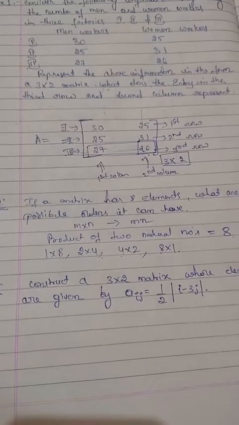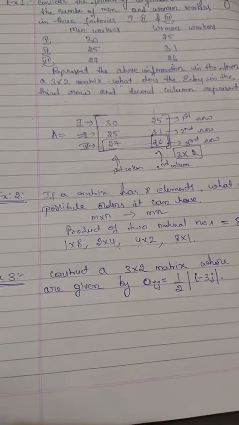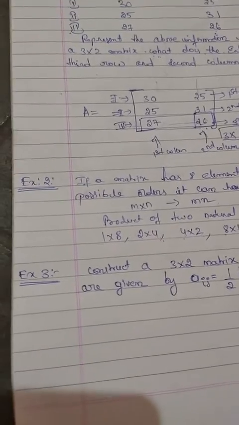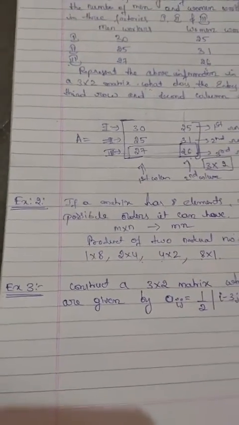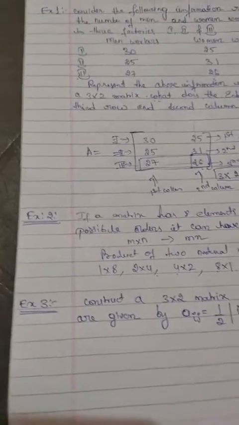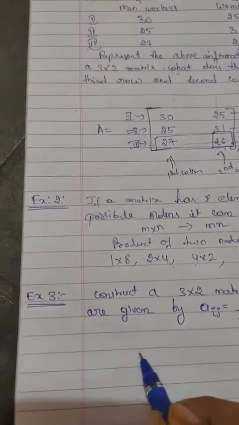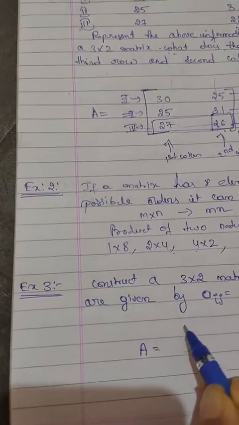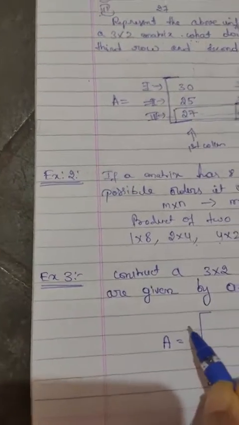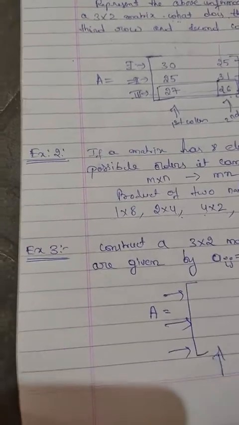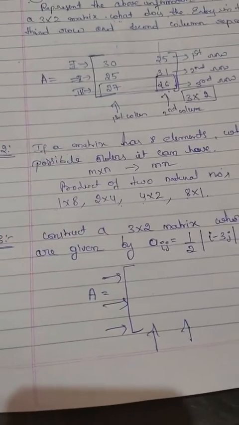Now construct a 3 cross 2 matrix, which means there are 3 rows and 2 columns. First you have to write the general form of the matrix. Yesterday you studied this, right? So if you name this matrix as A, there are 3 rows, 1 2 3, and 2 columns, 1 2, correct?